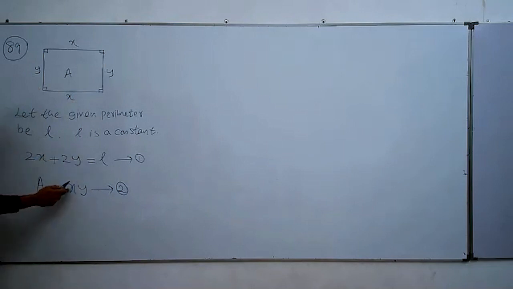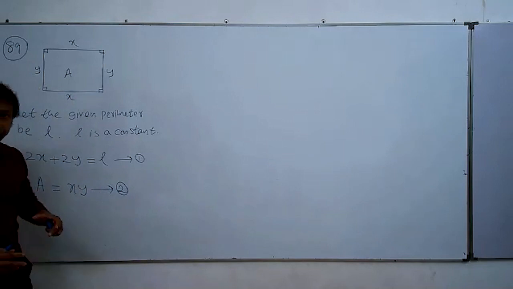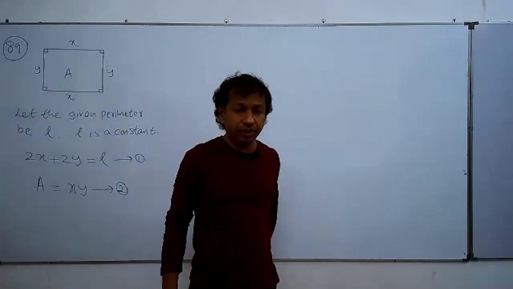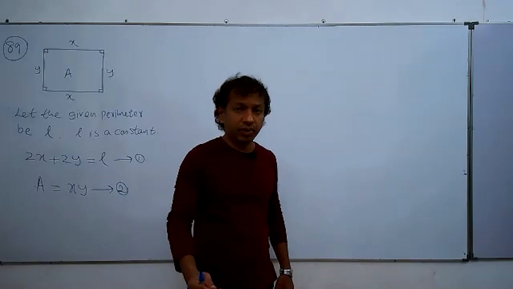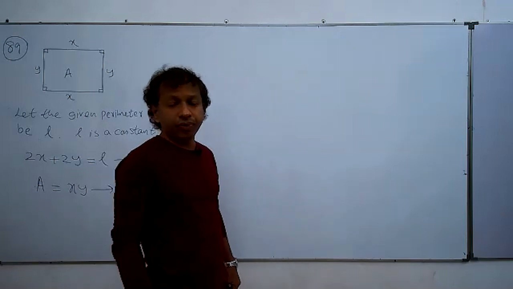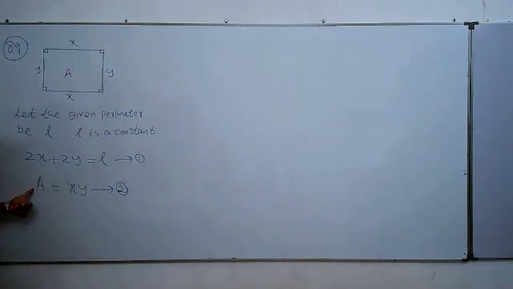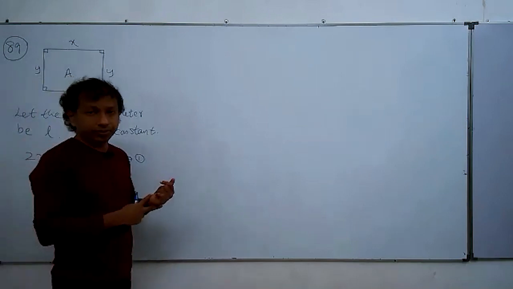Then xy changes, then capital A changes. Right. Now we have to find when we change like this, A will come to a maximum value. On that occasion, what are the values of x and y? And we have to prove x and y become equal, then only this will be a square.